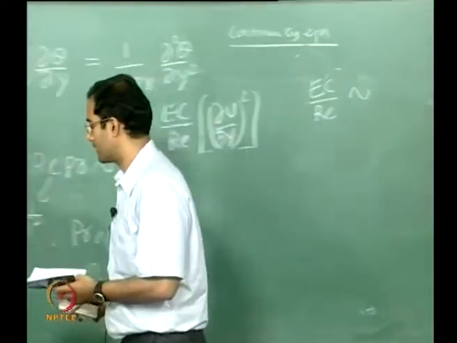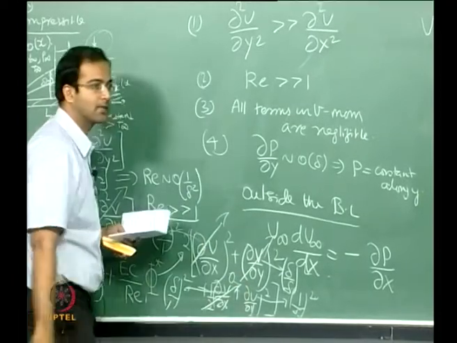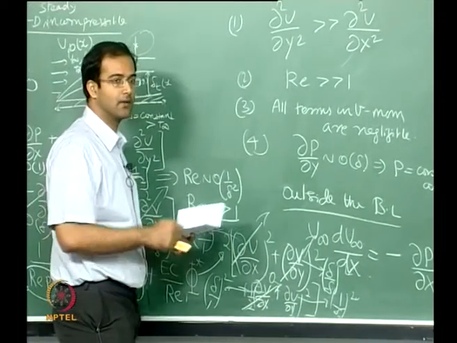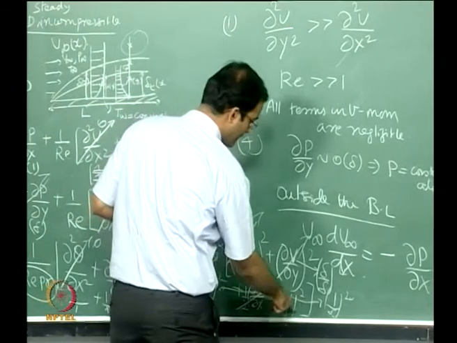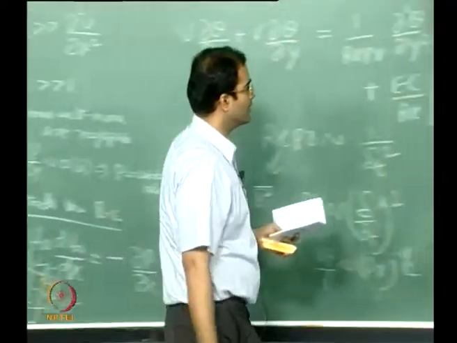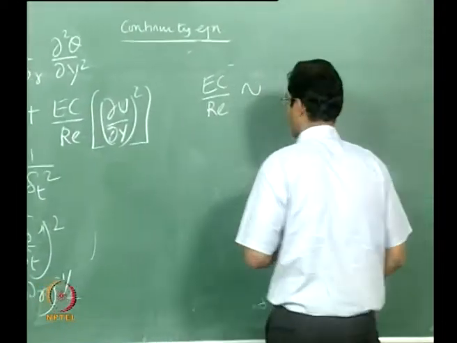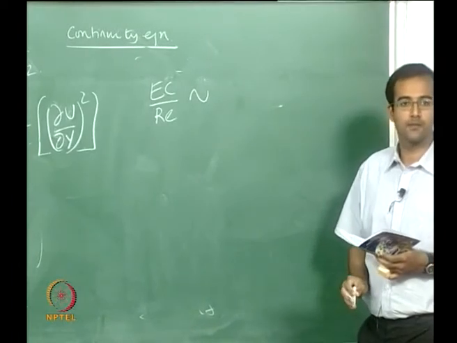This should be just one small thing. When you are looking at velocity gradient, you look at the momentum boundary layer thickness, right? When you look at the temperature gradients, you look at the thermal boundary layer thickness. So this should be of the order of delta square, not delta t square. Okay. So now Eckert number by Reynolds number, what should be the order for all the terms to be equal?